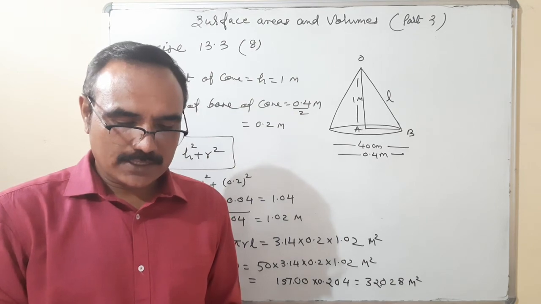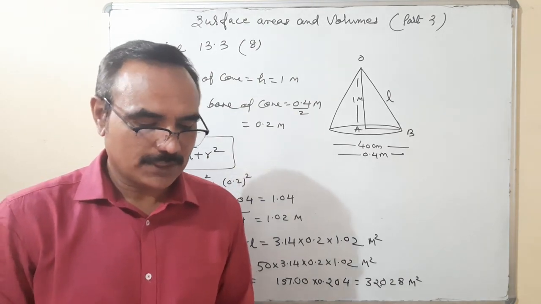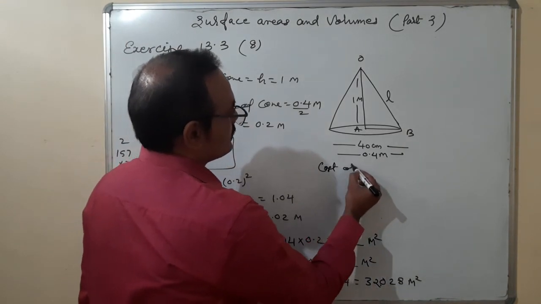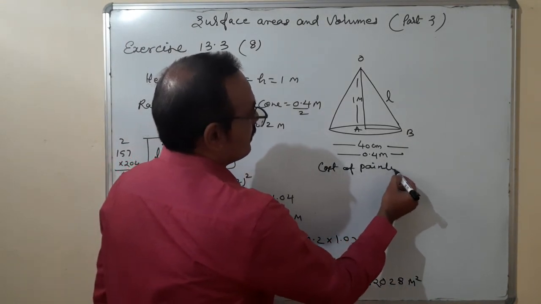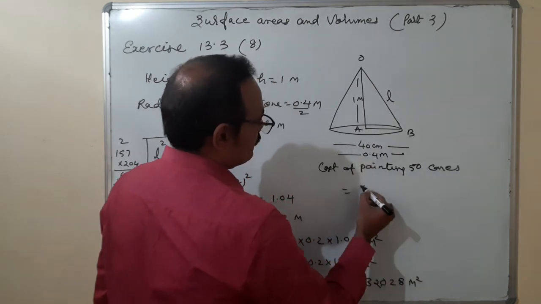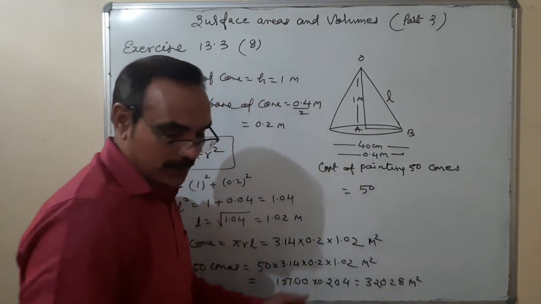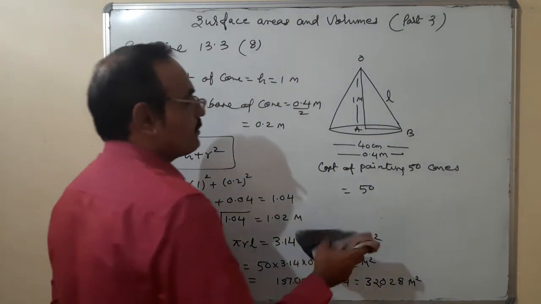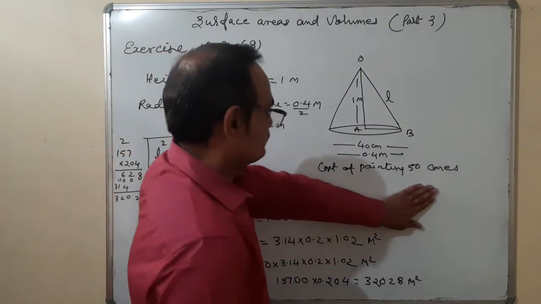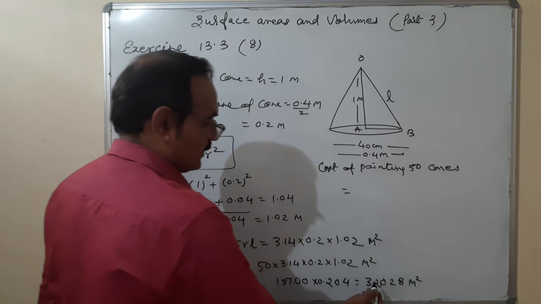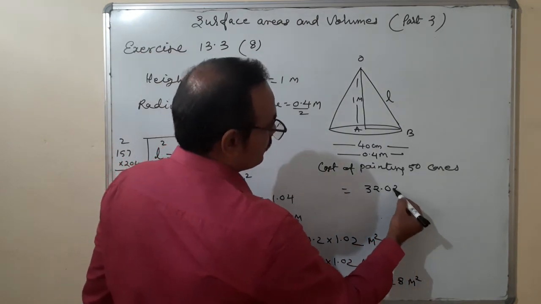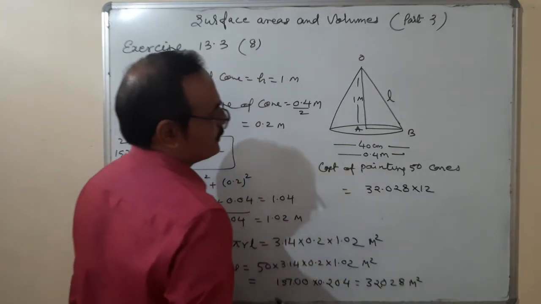But they are asking for the cones to be painted at the cost of painting rupees 12 per meter square. So the cost of painting 50 cones is equal to 32.028 multiplied by 12, already we have multiplied by 50.